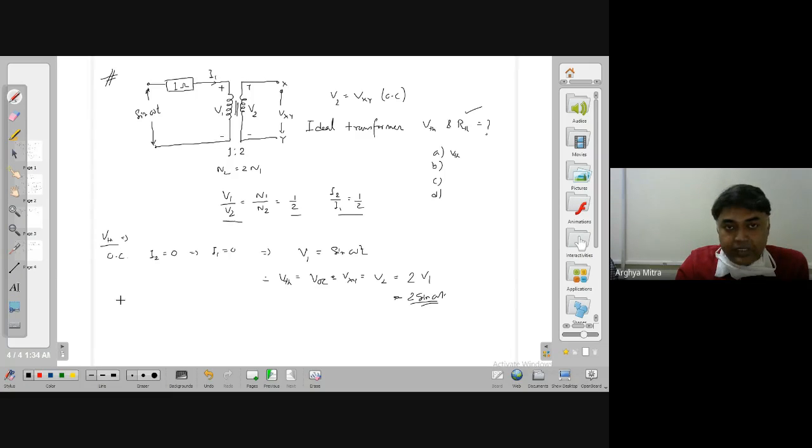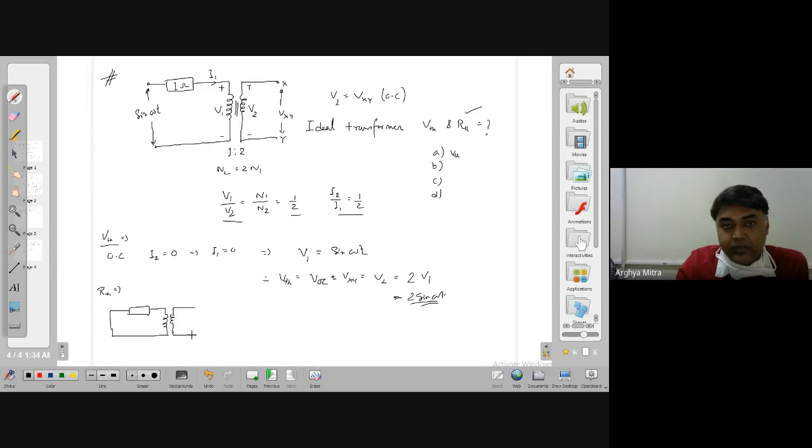But still, how to find out this RTH? If this is a source voltage, which obviously is an independent voltage, I can make it short circuit. So for RTH, I'm short circuiting it. This is 1 ohm, this is the primary winding, and this is the secondary winding.